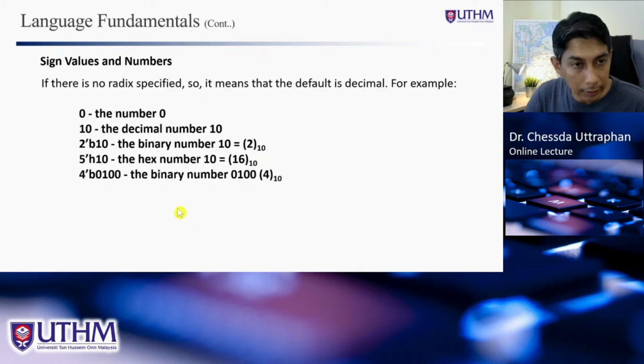Okay, so these are some examples to show you how to write numbers in Verilog. If you write 0, because the Verilog compiler is actually very sophisticated, by default it will treat the number as decimal, or if you write 9, for example, it will treat the number as decimal.